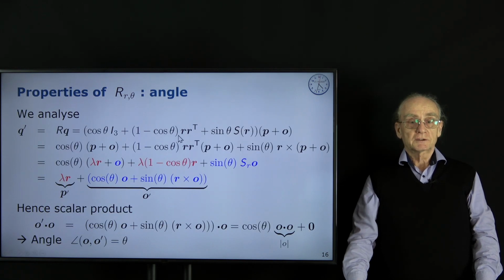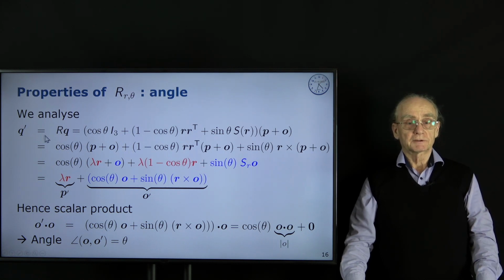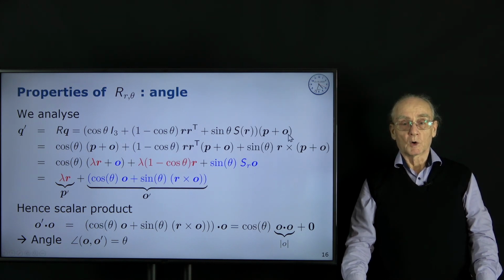We just do the following. We multiply the vector q of our given point with the rotation matrix to get q prime. So we have this expression, that's the rotation matrix with 3 terms multiplied with p plus o. So we multiply each of these terms with p plus o. So we first get cosine theta multiplied with p plus o.